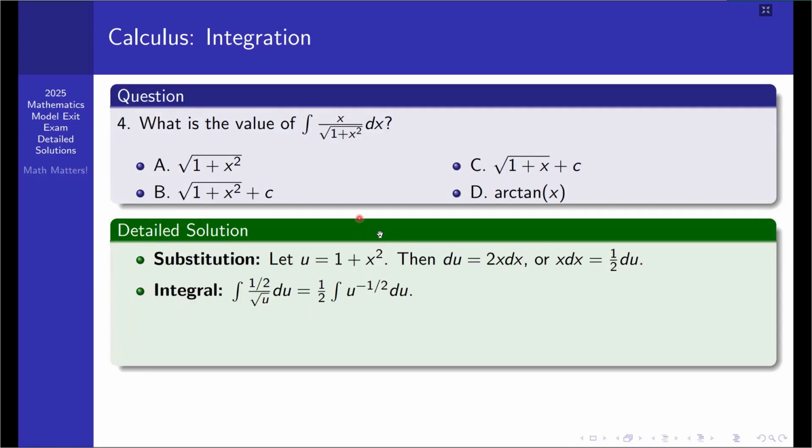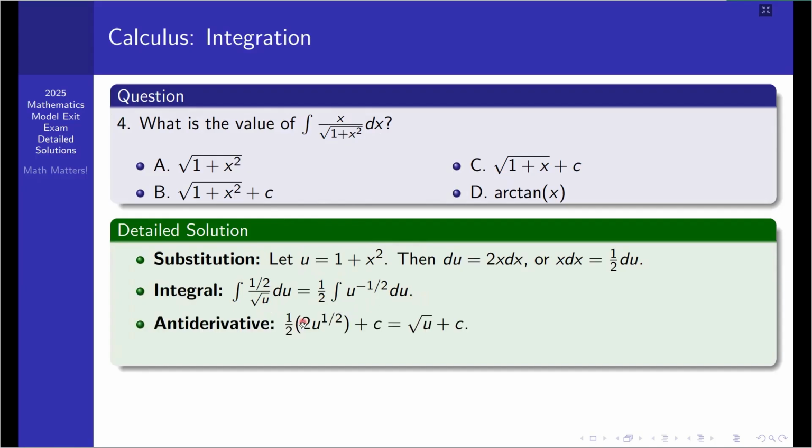Therefore, if we substitute, we have 1 over 2 du in place of x dx, and the denominator is the square root of u, because we are letting u be 1 plus x squared. That is equivalent to 1 over 2 times the integral of u to the power of minus 1 over 2 du, because 1 over the square root of u is u to the power of negative 1 over 2.